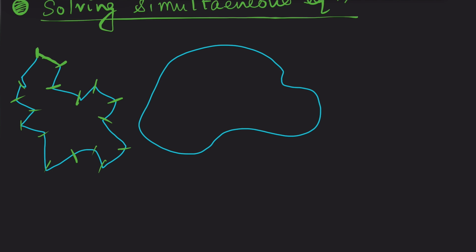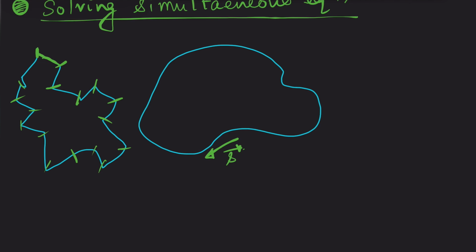Now if I have a vector S here, this vector is traversing the path along this surface.